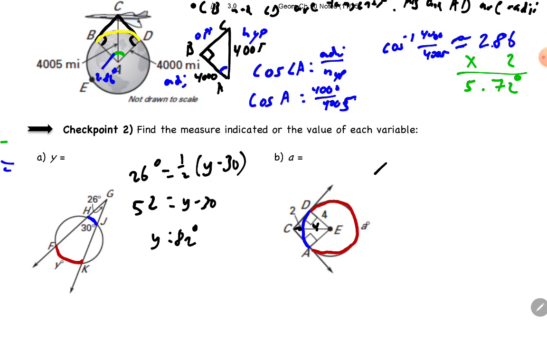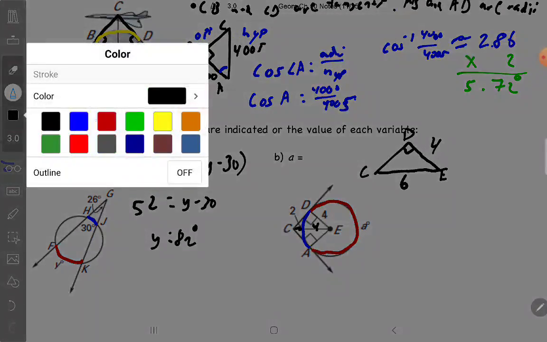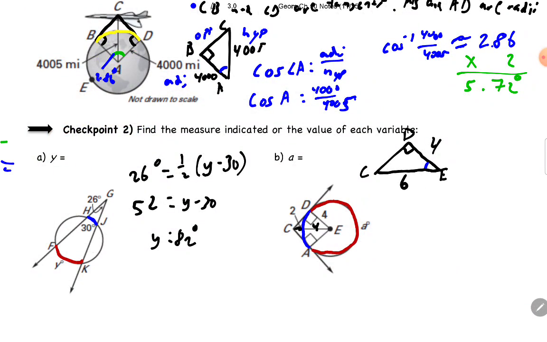So I'm going to redraw one of the triangles really quick. This is DCE, the top triangle. Got a right angle here, this is 4. This whole piece here is 2 plus 4, which is 6. In order to find the blue arc measure, I'm going to find this blue angle here.